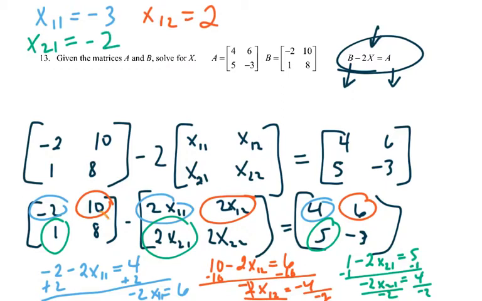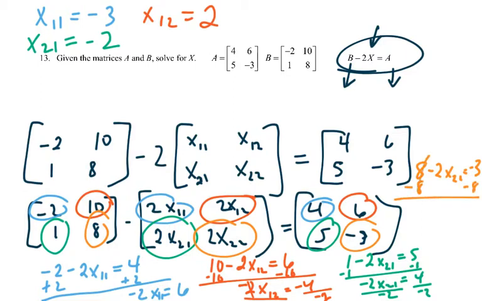And then lastly, 8 minus 2x sub 22 is equal to negative 3. Subtract 8 from both sides. I get negative 2x sub 22 equals negative 11. Divide both sides by negative 2. And I get x sub 22 is equal to 11 halves.